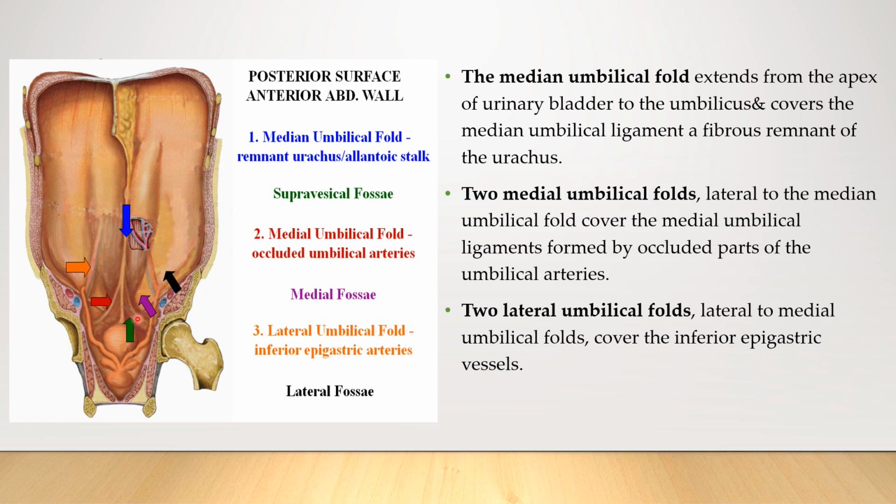These are just lateral to the median umbilical fold. And what structure are they covering? They are covering the medial umbilical ligaments, which are the occluded parts of the umbilical arteries.